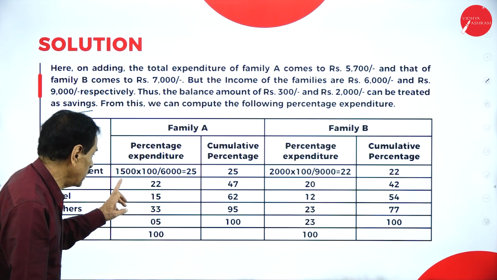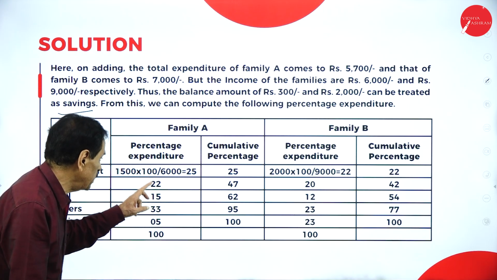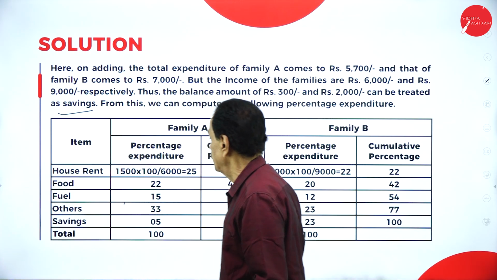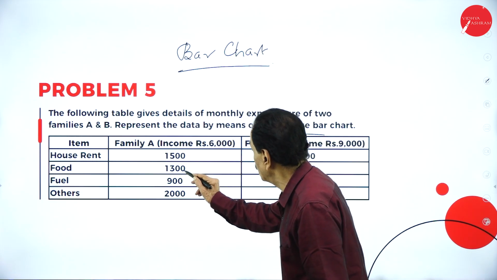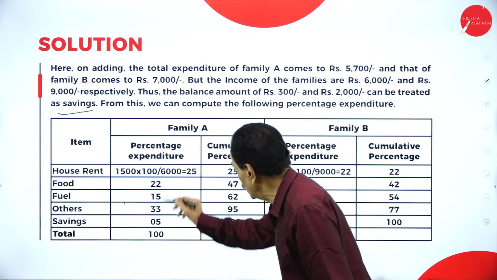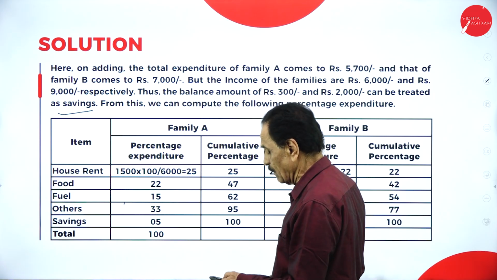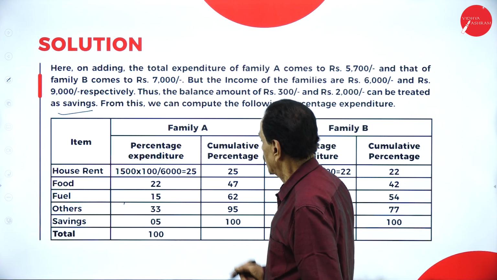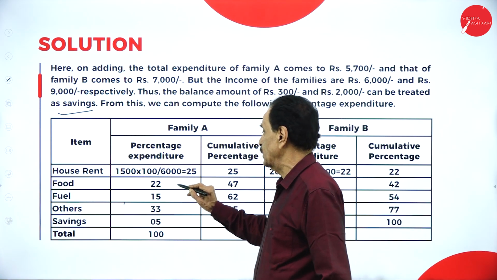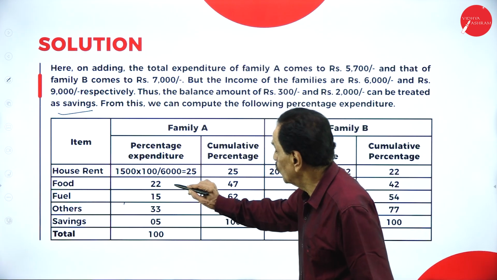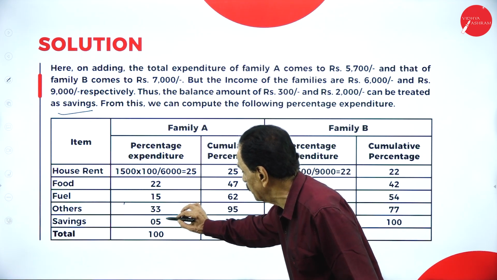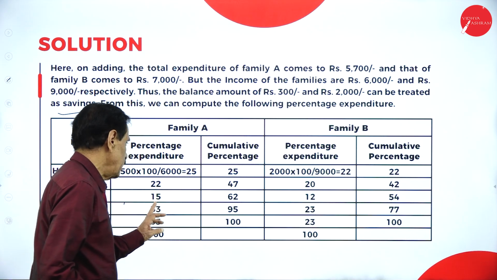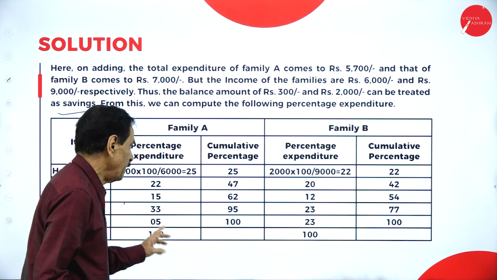Your expenditure on house rent is 1,500 divided by 6,000, into 100, which is 25. The same calculation goes for food, fuel and others. So the cumulative percentages are 25, 47, 95, 100.